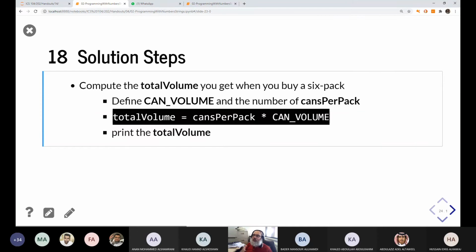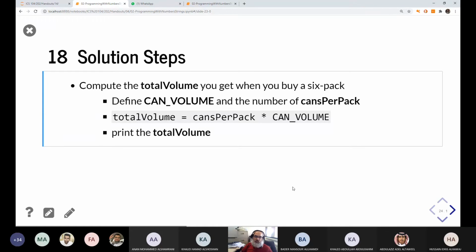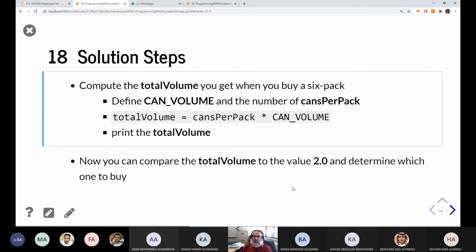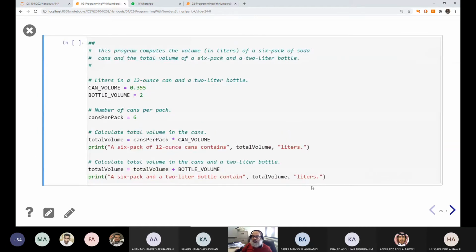At this point, we cannot compare between the two because we did not take the if statement, we did not take the decisions. So we will do that later. It will just print the result, and you as a user will see which one is more economic. So now you can compare the total volume to the value 2 and determine which one to buy. So this is basically the program.